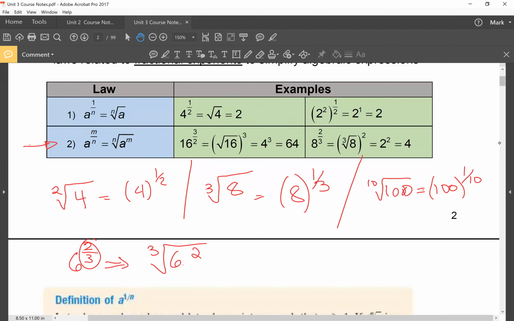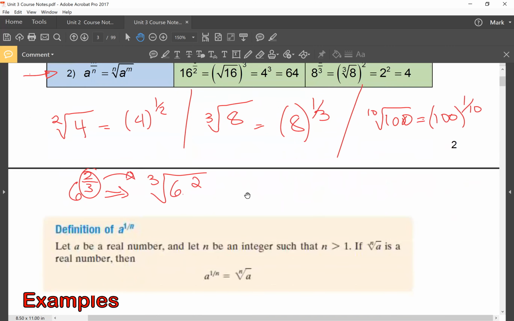So this 2/3, the 3 goes here. I'm taking what's called the cube root on my calculator, and I'm taking 6 and squaring it. And you'll see me do this. If you're confused right now, don't worry. I'm going to do this.